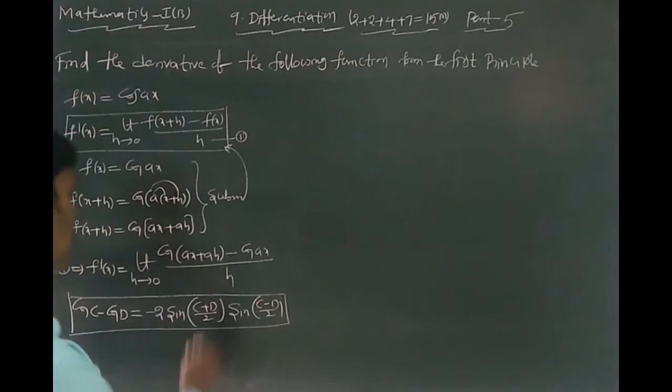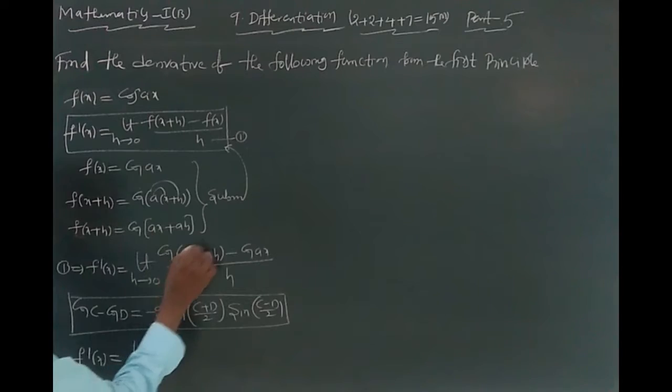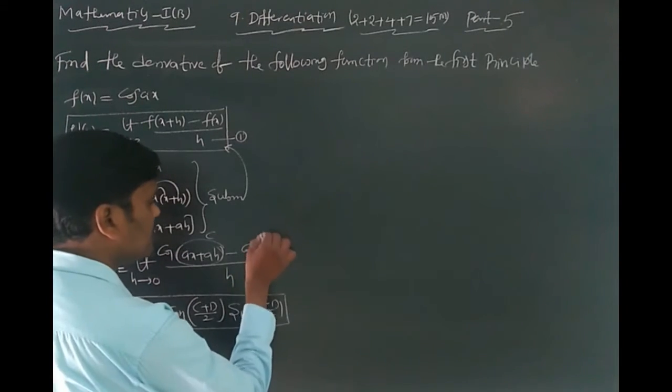In this formula, you can write f dash x is equal to limit h tends to 0 of cos c minus cos d. What is the value of c? C value is ax plus ah. D value is ax.